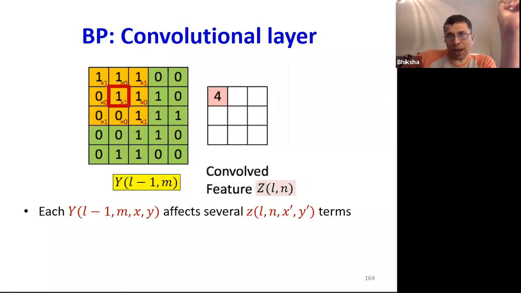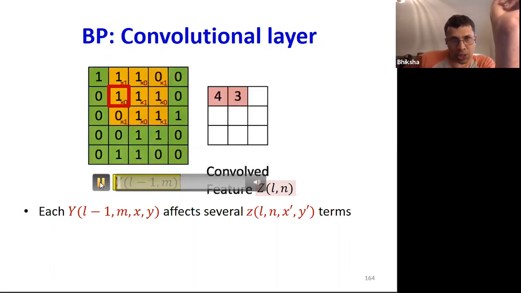Now, if I want to see if an element over here has influenced a specific element here, this element has influenced the corresponding Z entry if it falls within the filter region, because that means this is actually contributing to the Z.